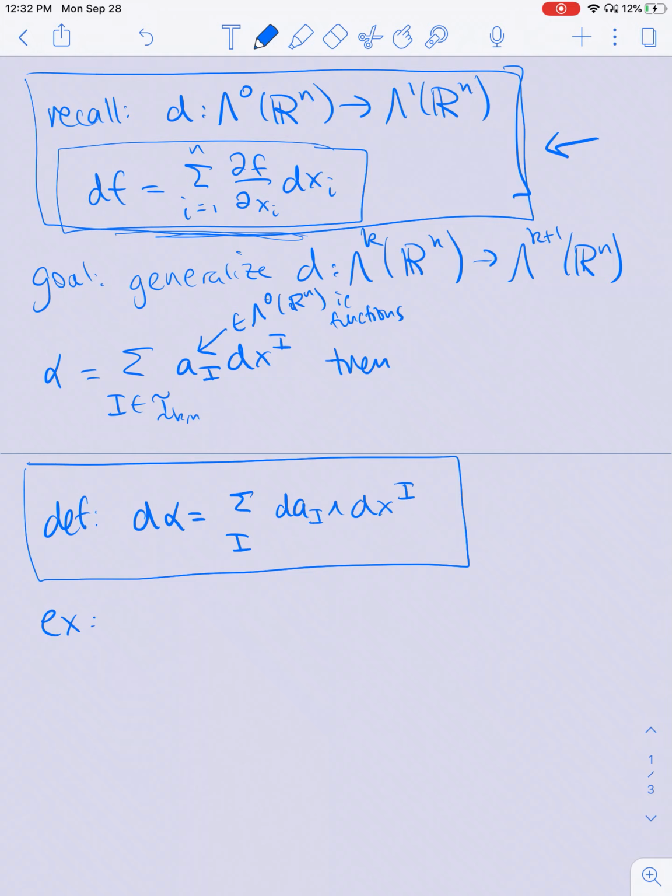Okay, so an example: if we have alpha is a 1 form on R2, so alpha is equal to a1 dx plus a2 dy, then let's compute what d alpha is.